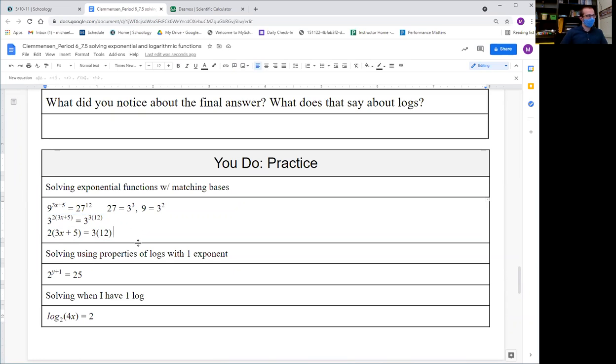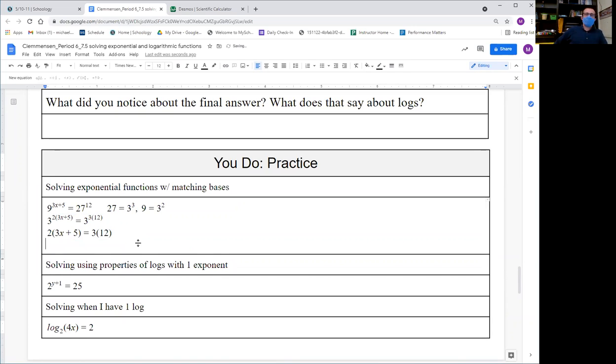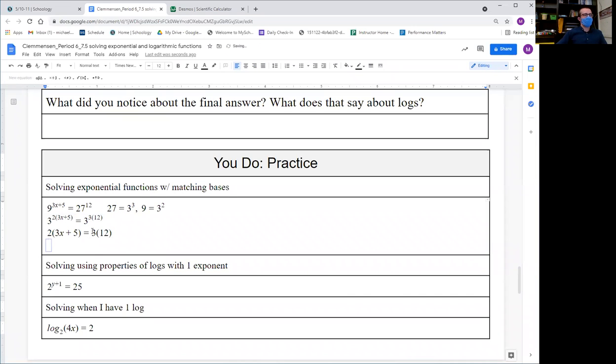Good thinking. I had that same question when I was trying to remember how to do this. I almost did it wrong a couple times too. What's my next step? Solving and simplifying. I'm not going to do this simplifying part because I think that everybody can do that by now.